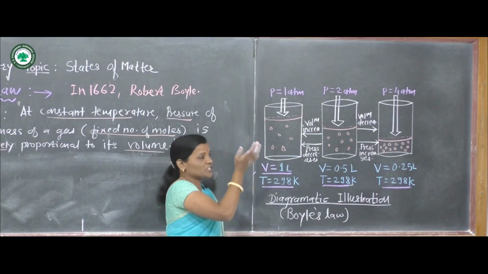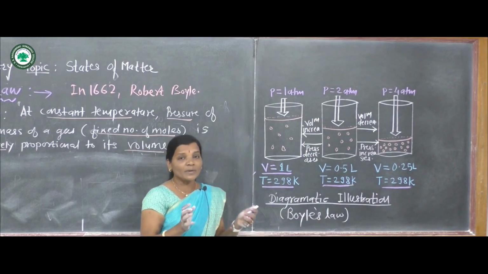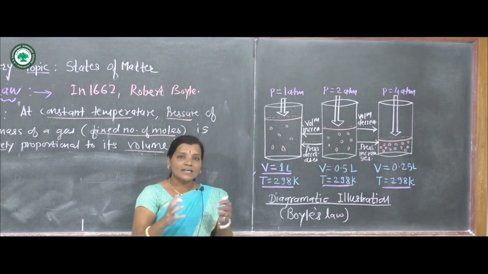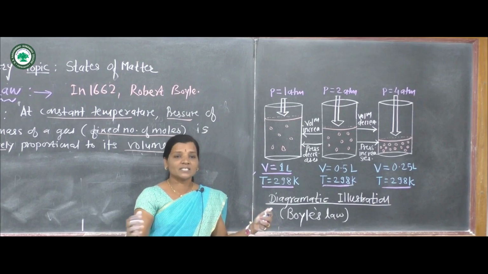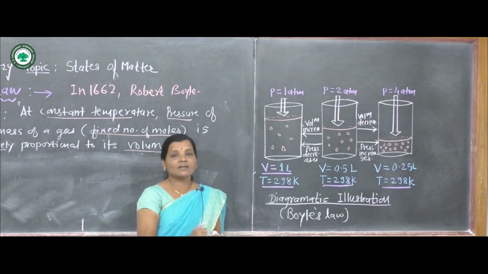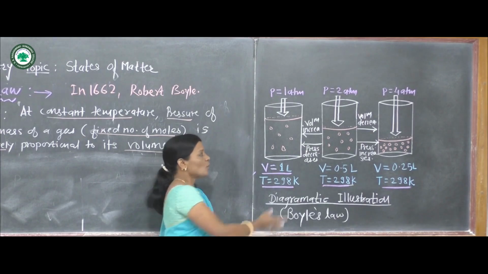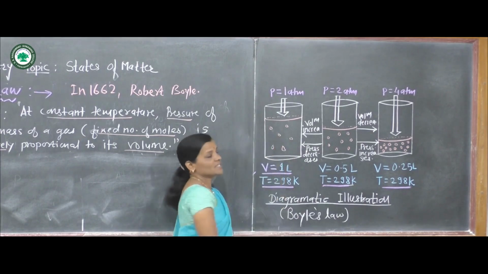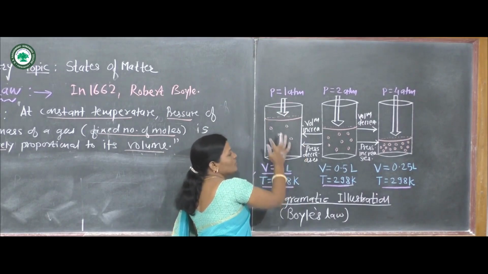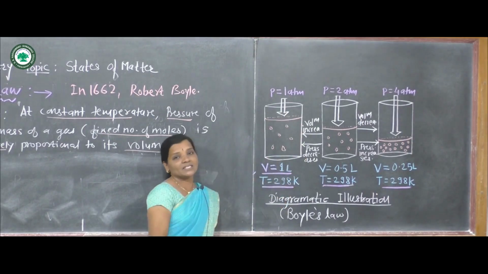As pressure is decreased, collisions between gaseous particles present in the container increase, attractive forces decrease, and particles occupy a larger space in the container. That means volume of the gas increases. When pressure is decreased, volume of this gaseous system increases.